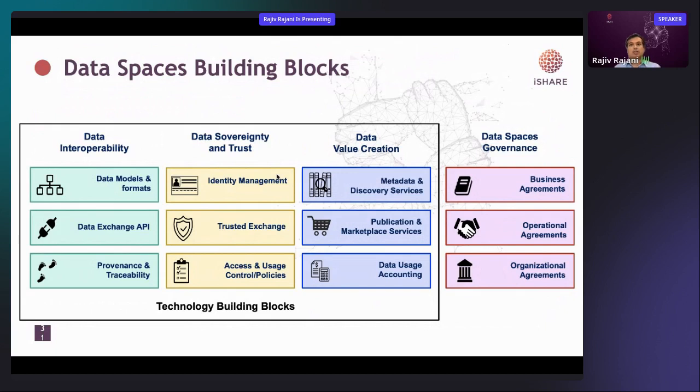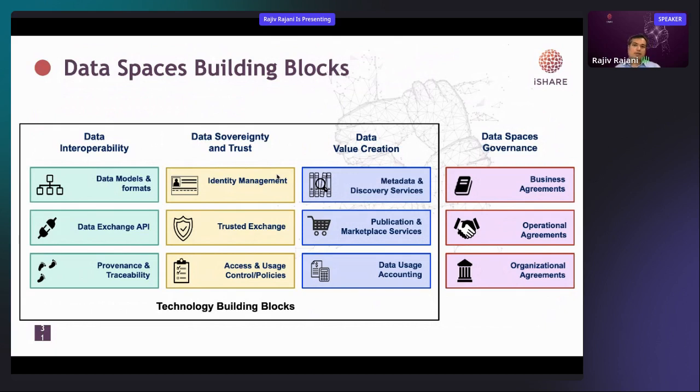And once you have determined that, based on the authorizations, you actually exchange the data or not. That is the key element in order to start exchange of data. Data sovereignty and trust are the key building blocks to support your use case.